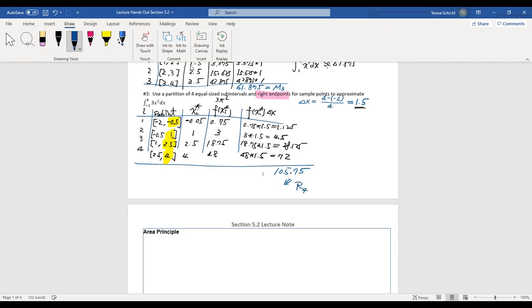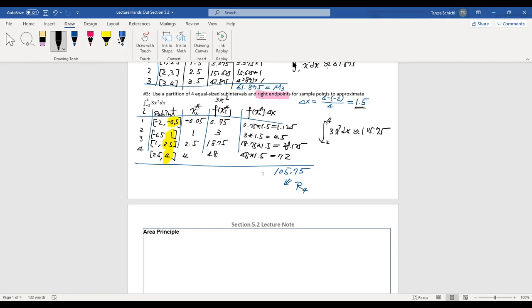I say this is the R4 Riemann sum, so it's 105.75. That's why I know that the integral from -2 to 4 of 3x squared dx is very close to 105.75.